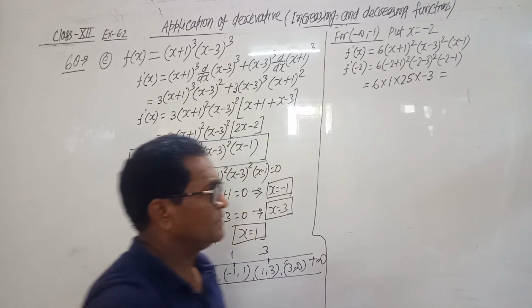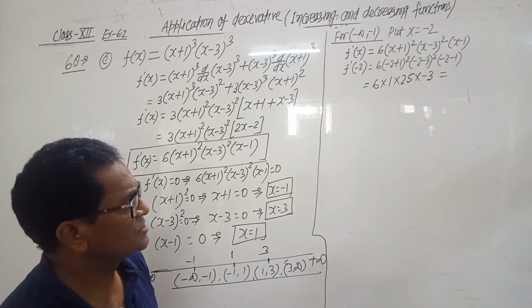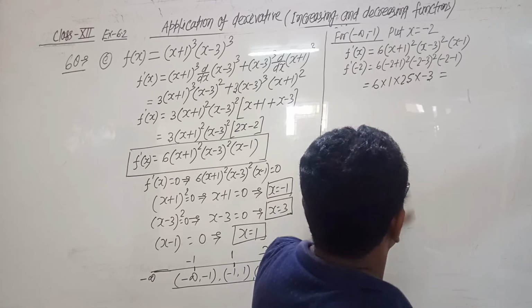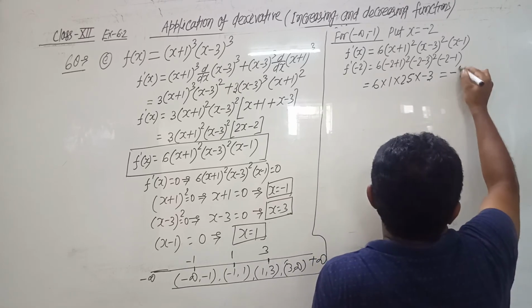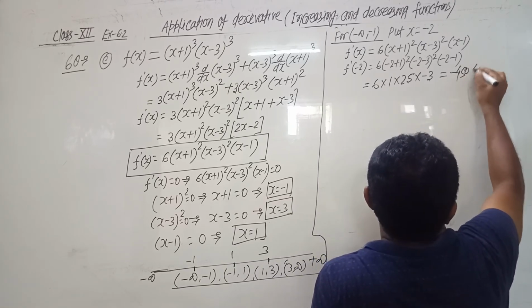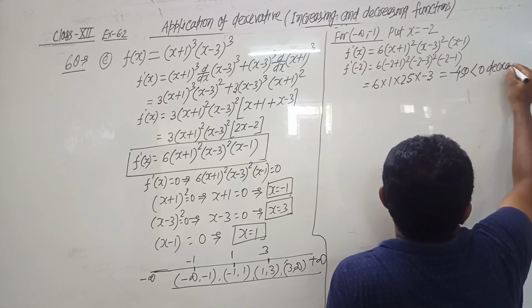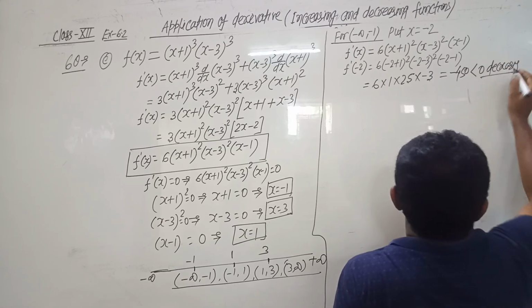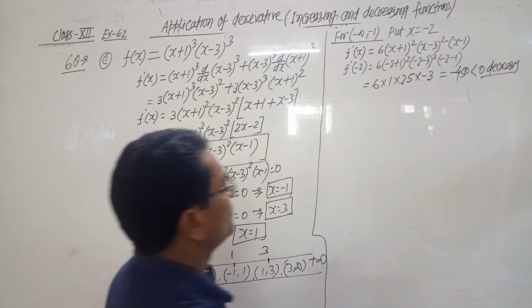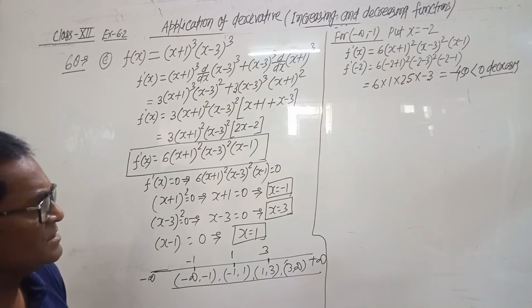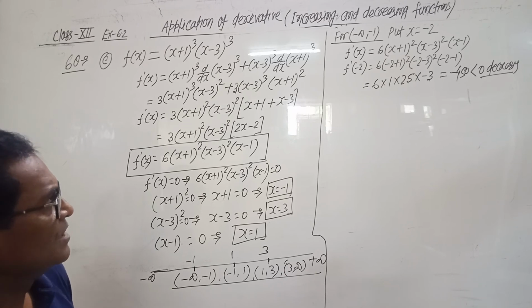So overall the value we get is negative: 25 × 6 = 150, 150 × 3 = 450, so −450, which is less than 0. It means the function is decreasing in this interval. So from −∞ to −1 the function is decreasing.